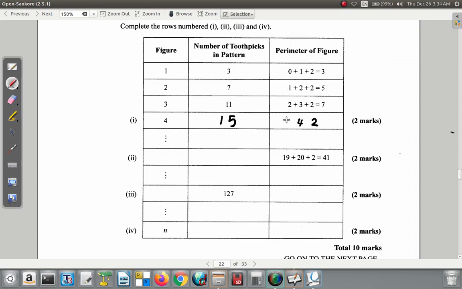So here now equals 4 and 3, 7, 8, 9. Now let's see if we can come up with some sort of pattern.